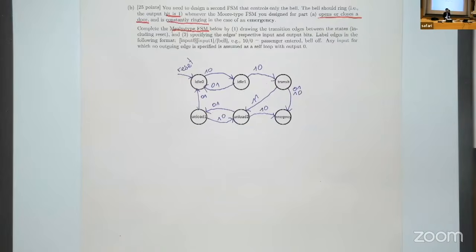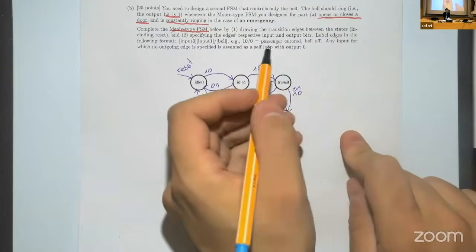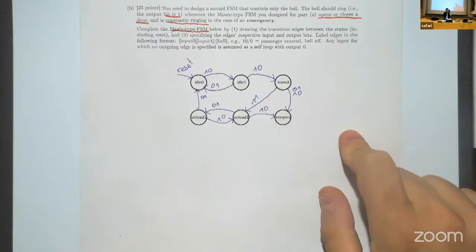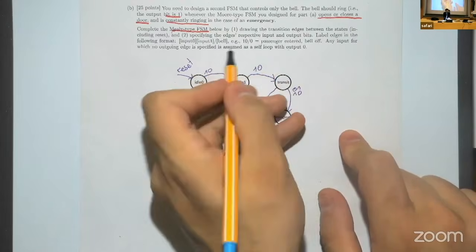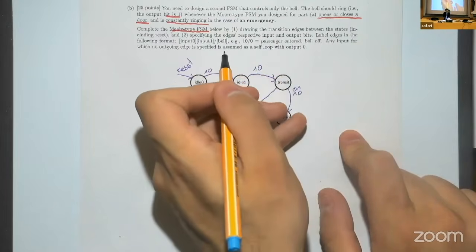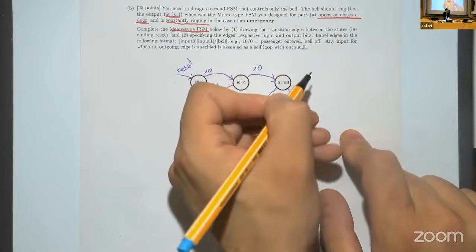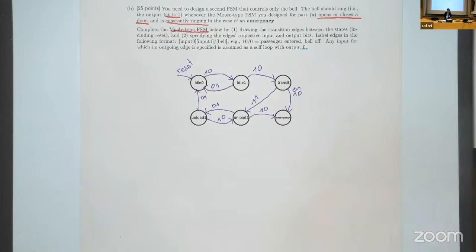And the self loops now, right? Since we're making an assumption about what a self loop is supposed to mean if it's undefined, we're saying, okay, if you leave something unspecified, it's a self loop with output bit 0. So if we need anything else in a self loop, we have to explicitly specify that self loop.